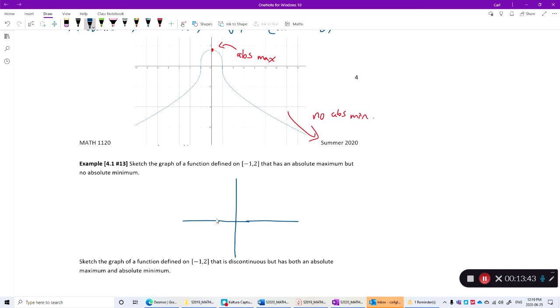So let's think about that. So there's -1, -2, 1, 2. And so all I'm going to do is just sketch it. It has a max, but no absolute min. And it's defined on that interval. Okay, so here's one thing I can do.